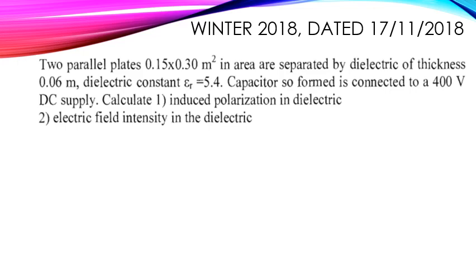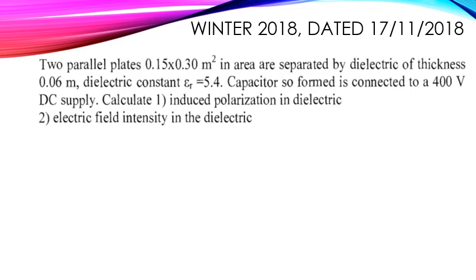Dielectric constant epsilon r equal to 5.4. Capacitor so formed is connected to a 400 volt DC supply. Calculate induced polarization in dielectric and electric field intensity in the dielectric.